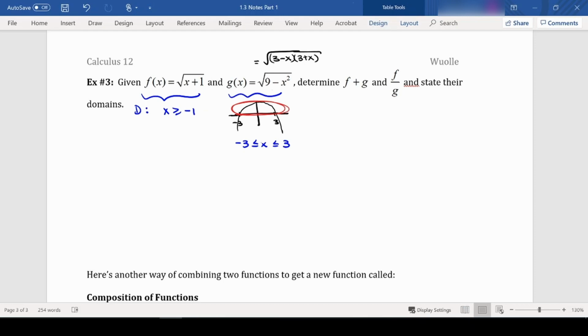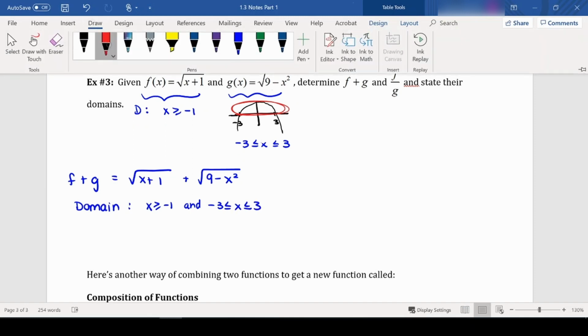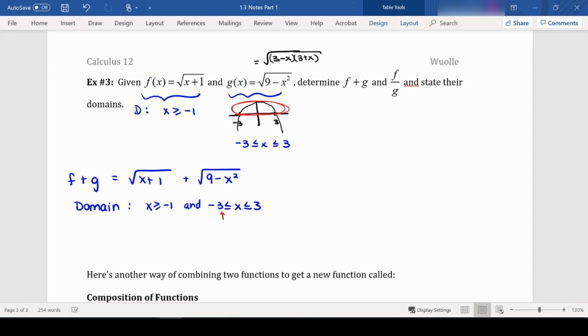Now, if I want to determine f plus g, this is going to be root x plus 1 plus root 9 minus x squared. My domain, I have x is greater than or equal to -1 for this one, and I have x has to be between -3 and 3. Now, these are not both possible because this one says x has to be bigger than -3, but this one says bigger than -1.